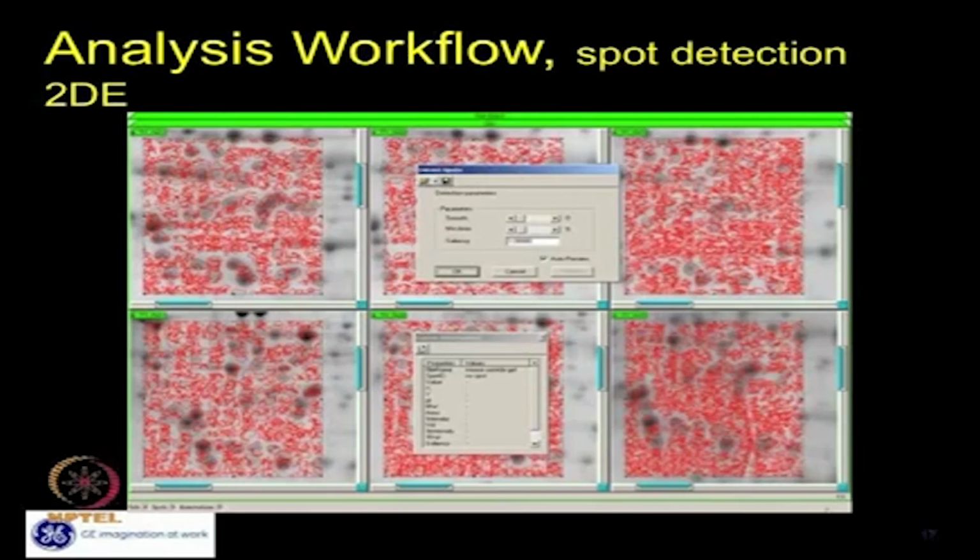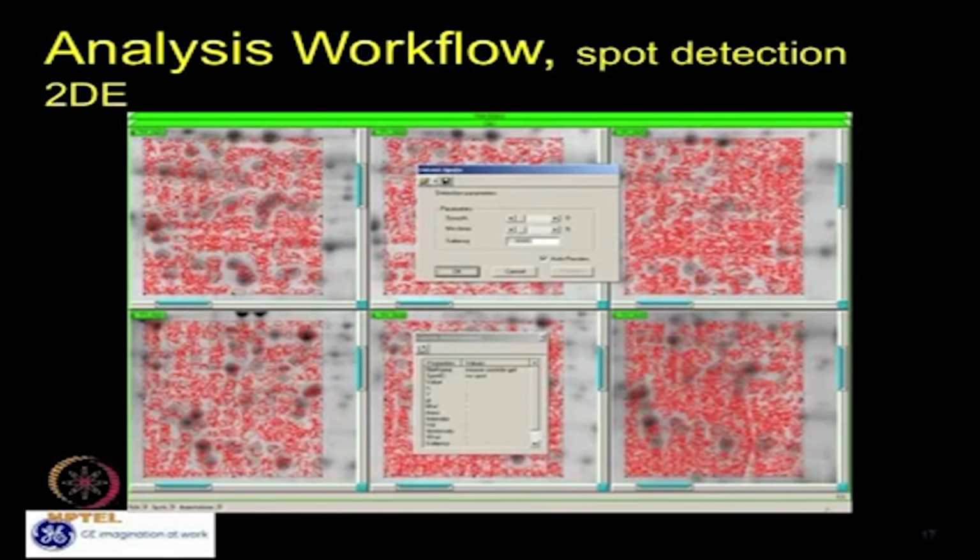These numbers will be more clear when we really look at a demo of the software, where by changing the numbers you can see the real output. During spot detection, you can see how it looks, whether it is over-splitting or optimally splitting, everything on the screen, and you can decide whether these parameters are okay or not.